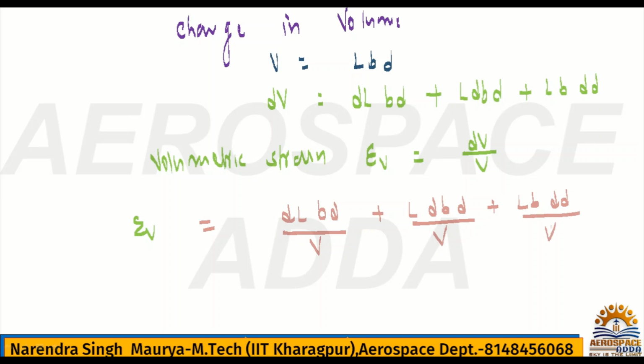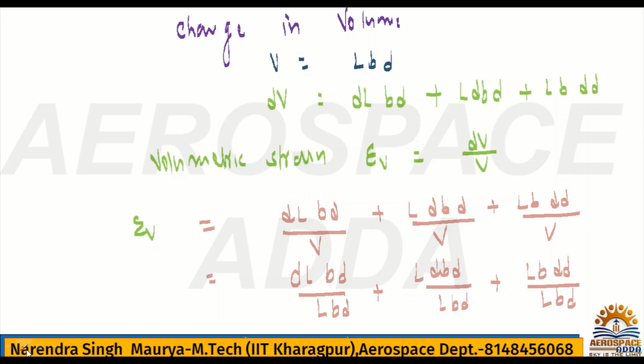So here we have delta L BD, and V is nothing but LBD. Similarly here L dB into D divided by LBD. Similarly here LB dD divided by LBD.